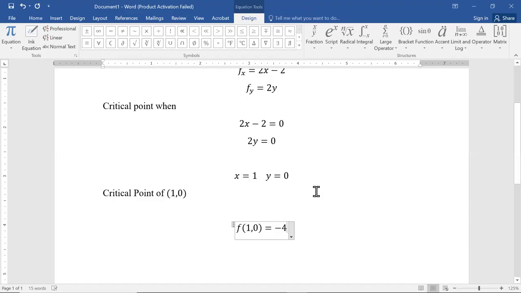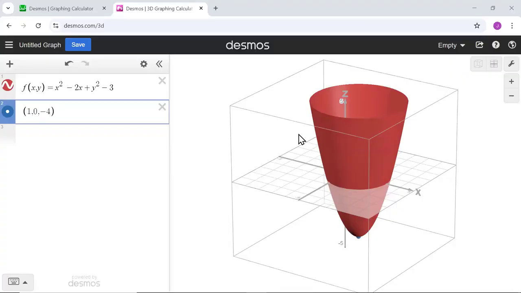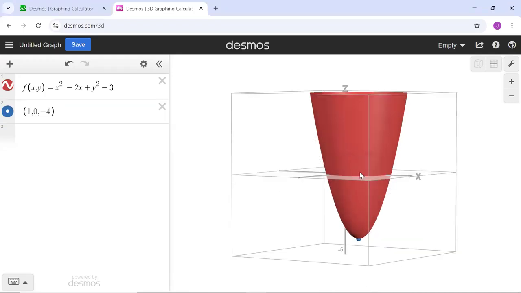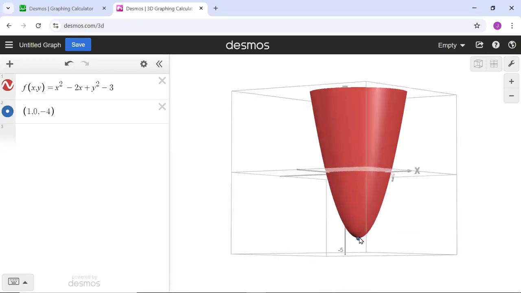So we'll show graphically how this critical point works out, where it's at. And again, I'm sure you've seen it before. All right, so again, this should look familiar. We have this elliptic paraboloid pointing up, and the point (1, 0, negative 4) is that very bottom point.